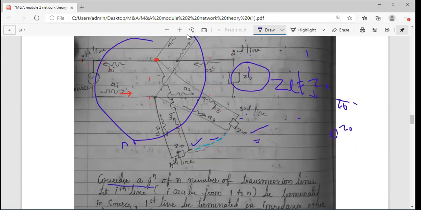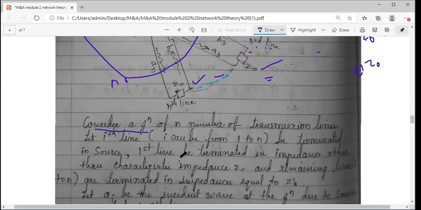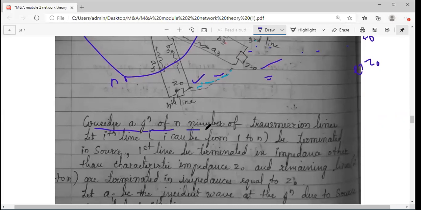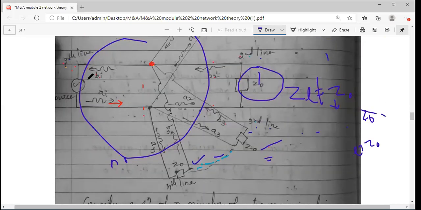Consider a junction of n number of transmission lines. Let the ith line, ith can be any number from 1 to n, be terminated in source. So you know that. So there is the ith line. Here we have a source connection. As it is the ith line, i represents any integer.